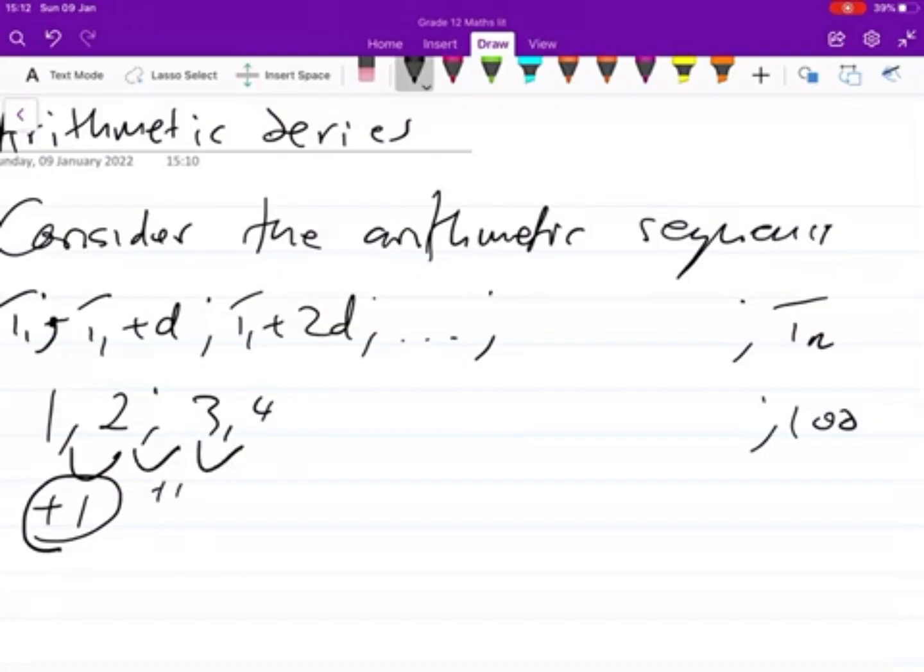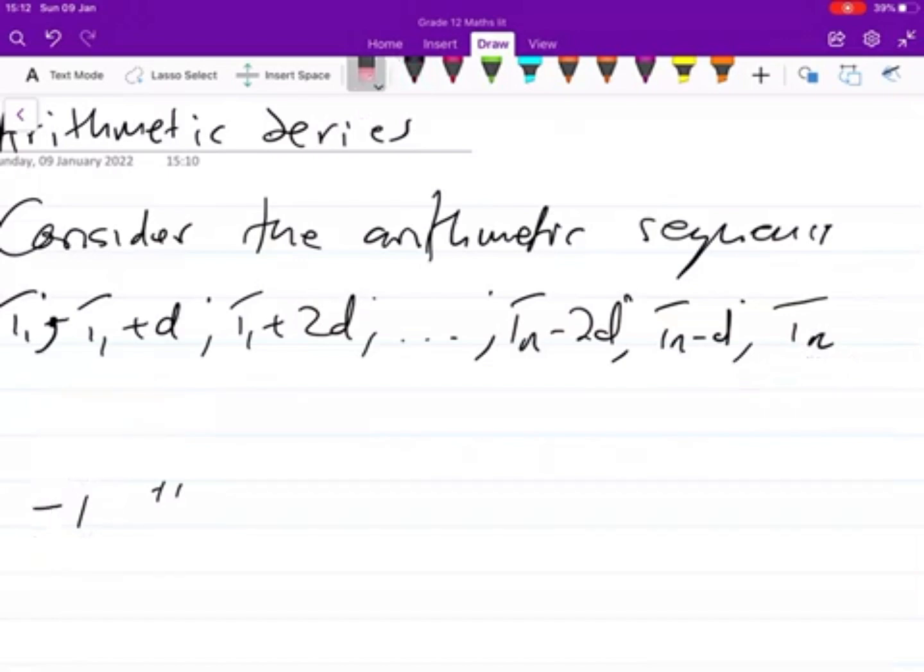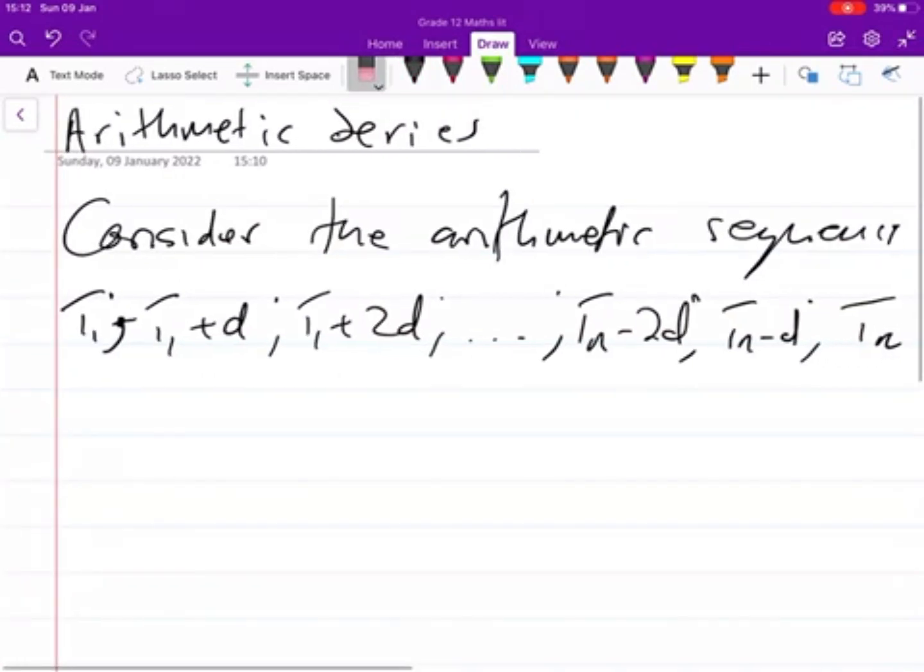But if I want to get the numbers before 100, you understand that I must subtract 1. So here what we will do is subtract the common difference so that we get the term before the last term, and then we will again subtract the common difference twice so that we get the second term before the last term. And that is the logic that we are using.